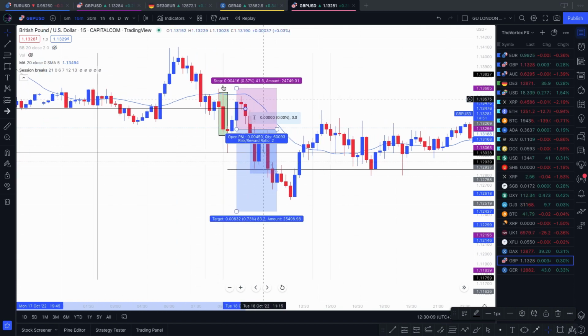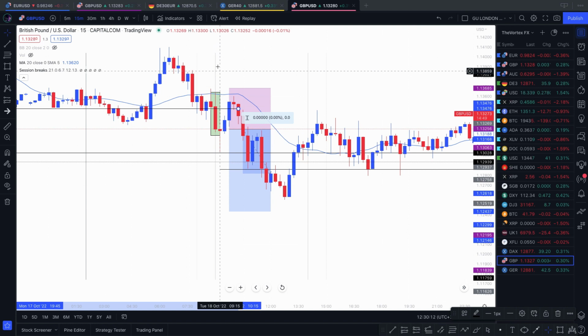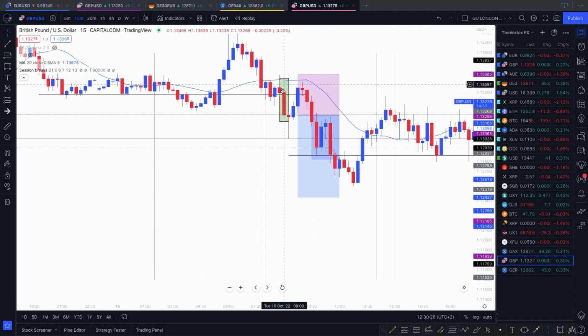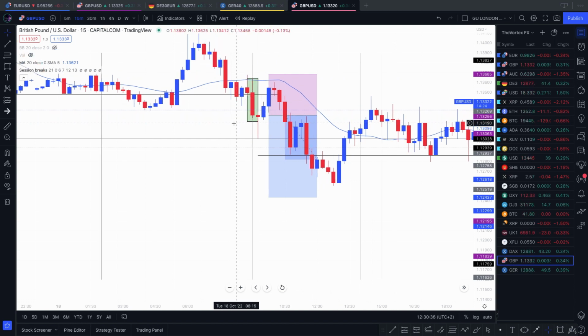Then, once the London market opened, we can see this big red candle. This setup occurred on the actual opening 15-minute candle, the candle that opened up the London market. This is when we saw this setup present itself. The candle breaks through this previous support zone and closes below it, and this is where my entry will come.